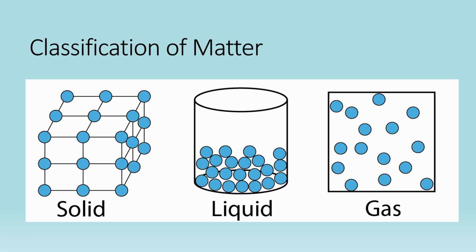So, like I said before, the solid is more rigidly positioned. The atoms aren't as free to move. And then in liquid, they're a little less rigid. However, they take the volume of their container. And then in gases, the atoms are free to move and they also take up the shape of their container.